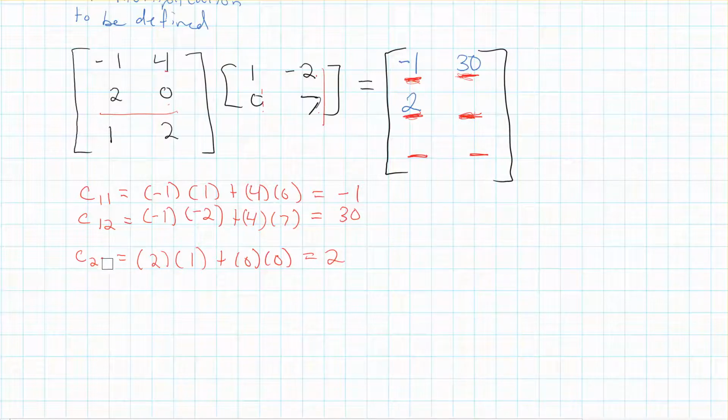I said C23. This should be C21. Row 2, column 2. This would be 2 times negative 2 plus 0 times 7, which is negative 4. Now we're almost done.